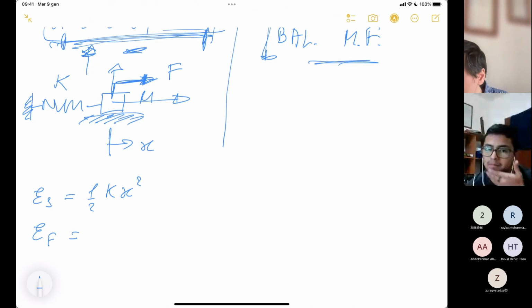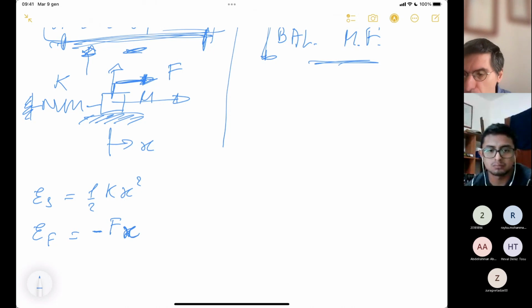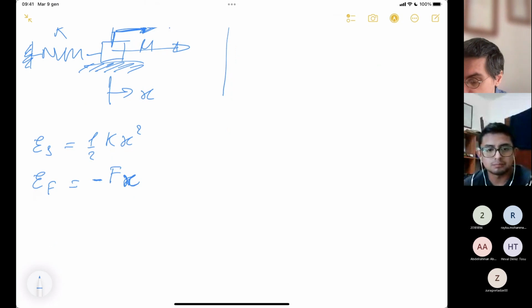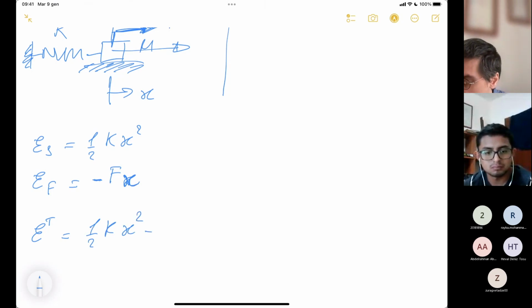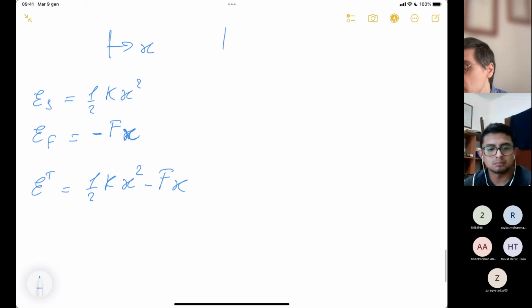The potential energy associated to the force is nothing else than the work done by the force, but we have to change the sign because we have to consider the energy, not the work done by the force. So minus Fx. You know, this is simple physics. So the total energy of our system is the sum of these two contributions, 1/2 k x squared minus Fx. This is the total energy.